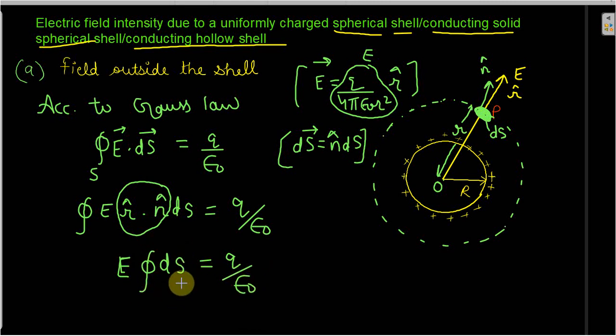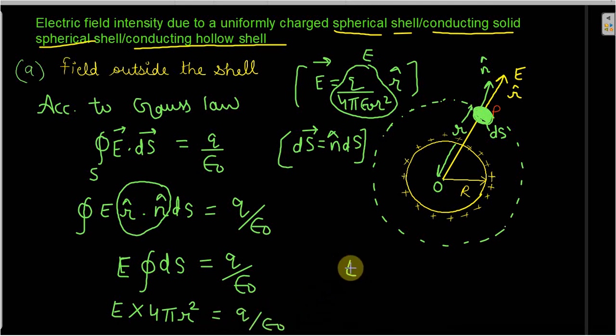And what is the integration of dS? This small surface is there and we want to find the flux due to the whole surface, so we will integrate it. What is the integration of the dS surface? That will be equal to 4 pi r square, where r is the radius of the Gaussian surface, and that is equal to q by epsilon naught.